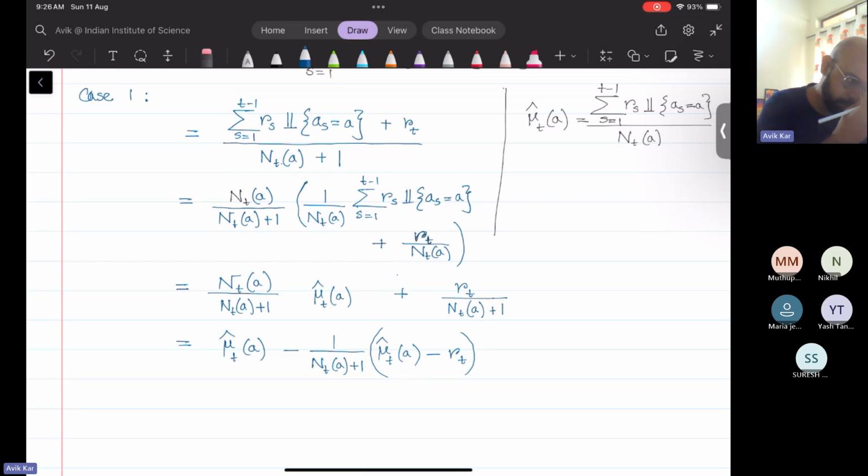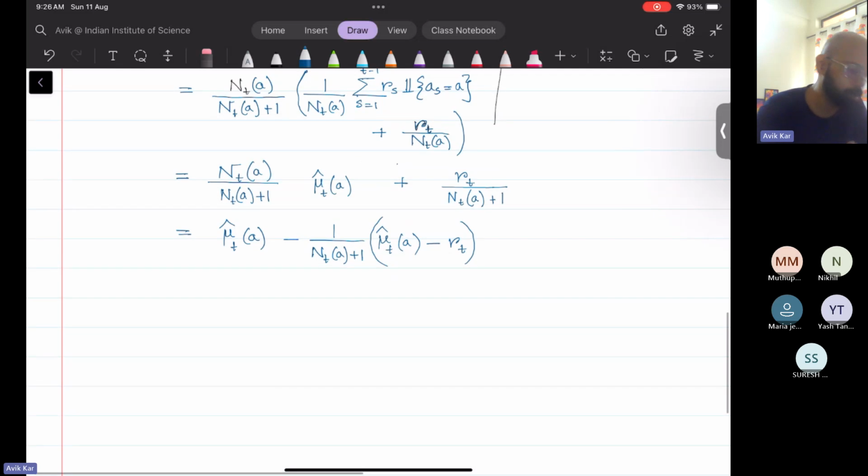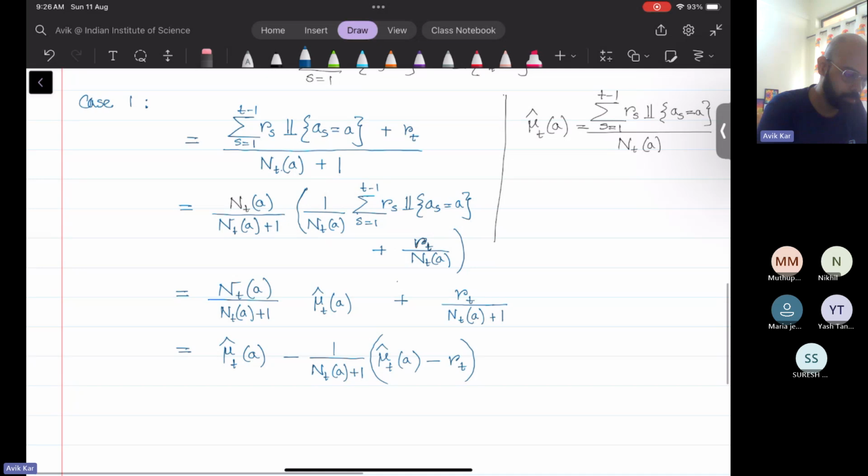And I think this is already covered for non-stationary bandits. Instead of dividing by NTA, the number of times you are pulling the arm, you multiply with some constant less than one, some alpha. That makes more sense for a non-stationary problem because you down-weight the previous rewards.